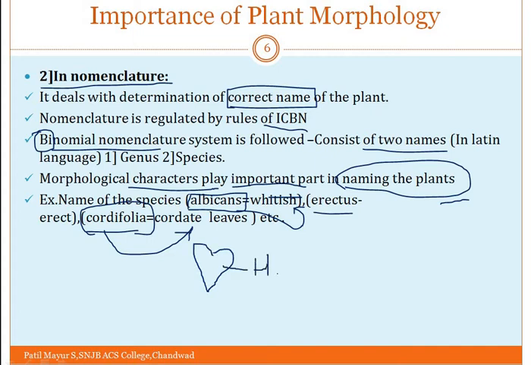Cord means heart, as in medical terms, cardio means heart. So the leaves of Tinospora cordifolia are heart shaped, and therefore it is given the name Tinospora cordifolia.